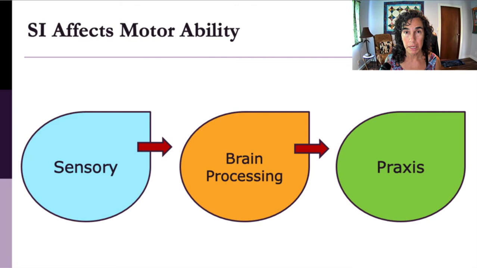So here's a take-home point. So if you got a little sleepy or distracted, bring yourself back for a minute. Sensory goes to the brain for processing, and it affects motor ability or praxis, right? So part A of sensory integration is that sensory impacts motor. If we don't have vestibular working, we can't balance.